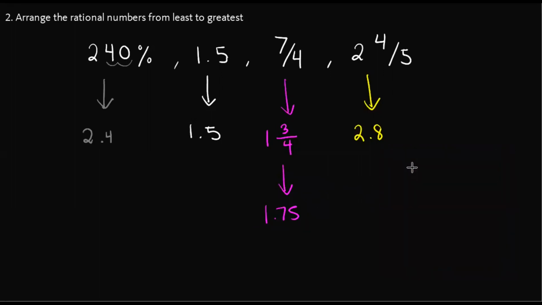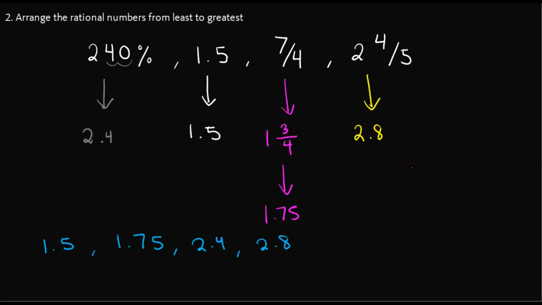And now we can easily arrange these numbers from least to greatest. So from least, we have 1.5, then 1.75, then 2.4, and lastly 2.8. But note that this is not the value that is given to us. So we again convert this.